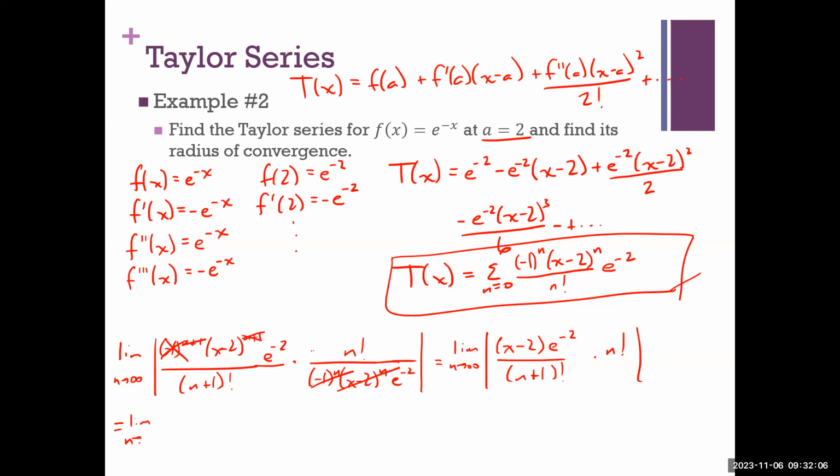Anything else that can be done? So the n factorials, when they simplify, what happens to them? Okay, so absolute value of x minus 2 times e to the negative 2 over n plus 1, and I want that limit to be less than 1.